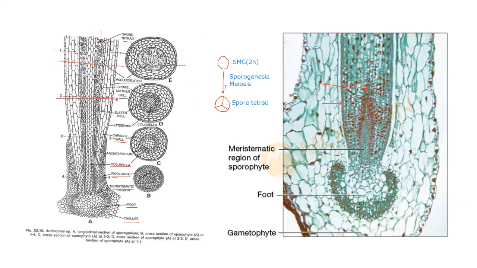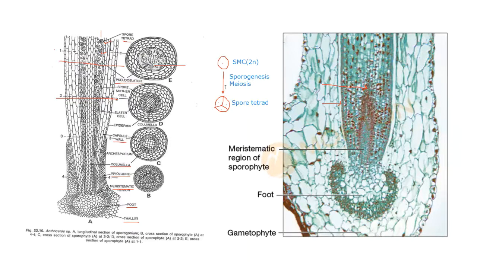Now, what will happen to these spores? These spores, along with the wind, will go to different places, and wherever these spores fall and get favorable conditions, they will germinate.